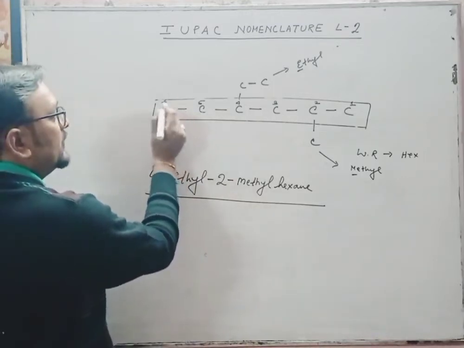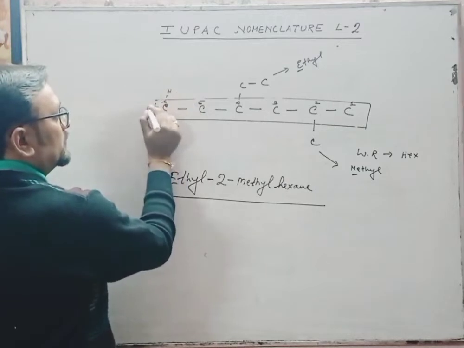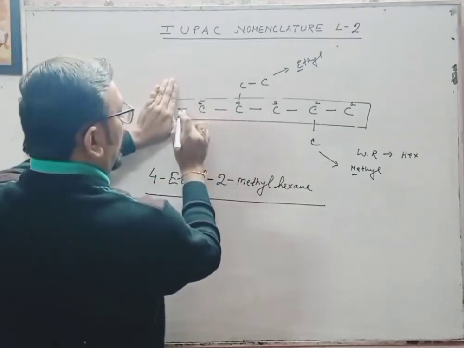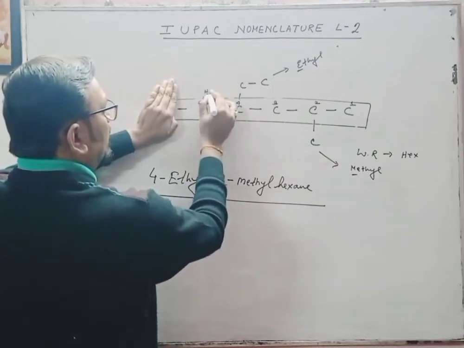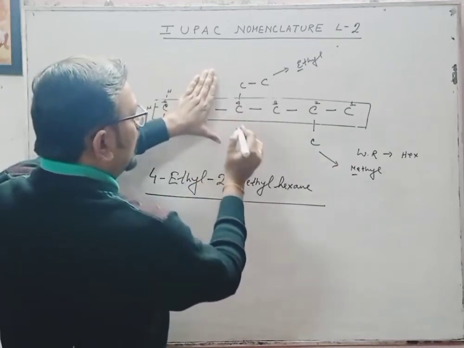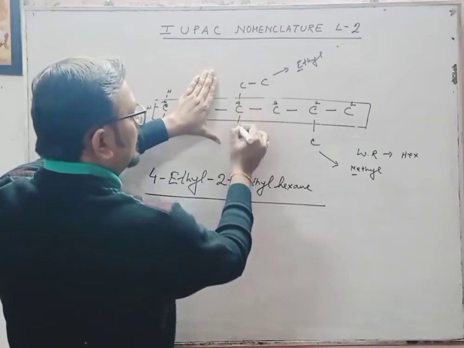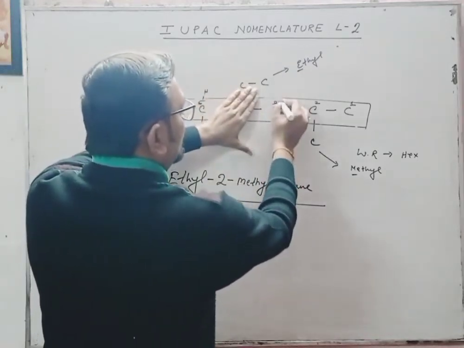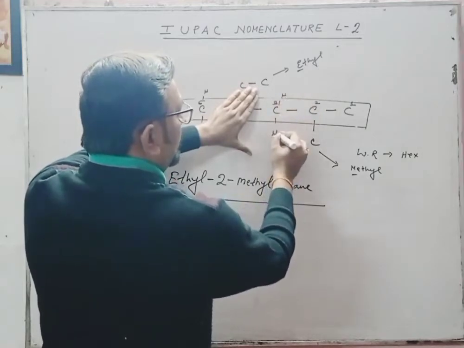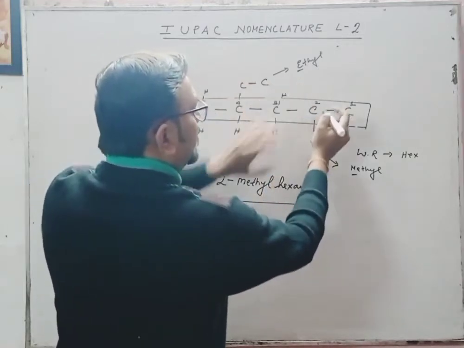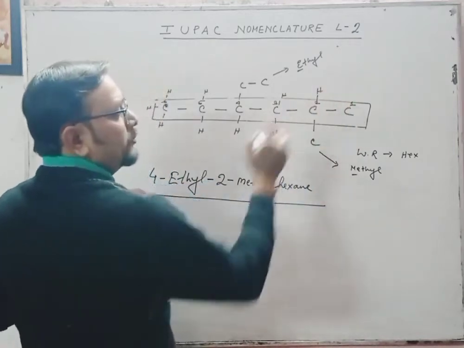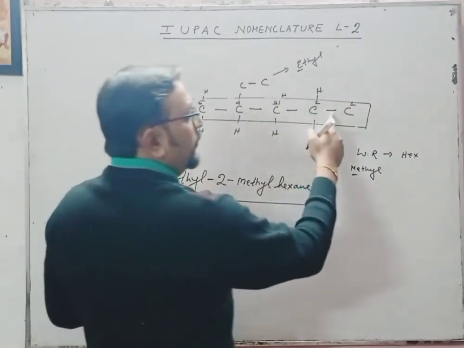Already one bond is given, so this is the second, the third and the fourth hydrogen. Again count 1, 2, 3. Already 3 bonds are given, so only one hydrogen I will give here. Now 1, 2, 3, 4. Here 1, 2, 3, already 3 bonds are given, so only one hydrogen we will give here.